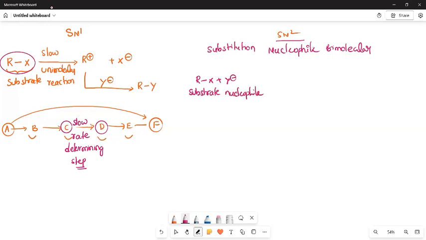Substrate and nucleophile react in a single step. This Y minus will attack from the rear side, the back side of the outgoing nucleophile. Actually, here you will get one transition state.